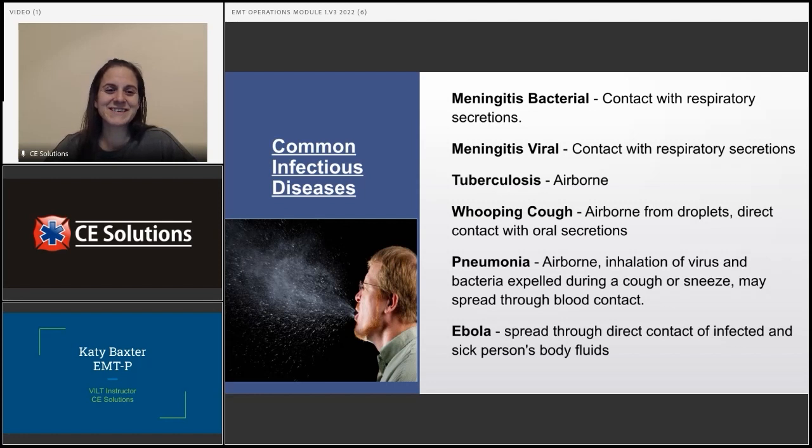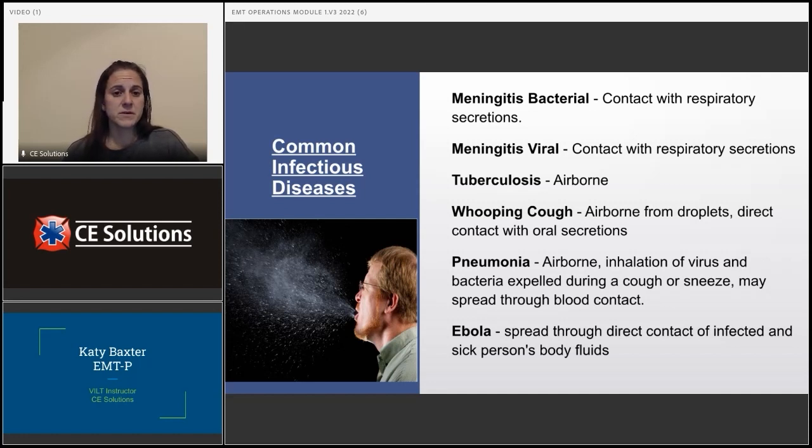More common infectious diseases, meningitis, bacterial or viral, respiratory secretions, sneezing, coughing, what that guy is doing and you being in the way. Spreads like wildfire. You can also have a fungal meningitis, which actually is really, really bad too. But meningitis in general is a very painful experience for a lot of people.